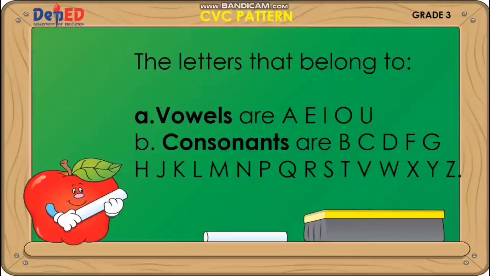The letters that belong to vowels are A, E, I, O, and U, while the consonant letters in our alphabet are B, C, D, F, G, H, J, K, L, M, N, P, Q, R, S, T, V, W, X, Y, Z.